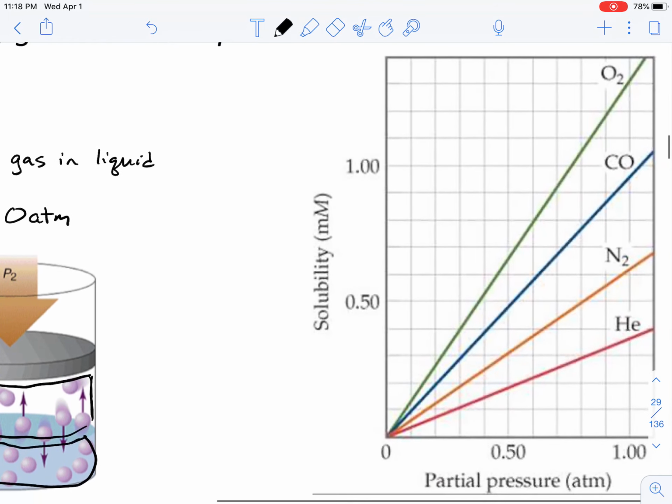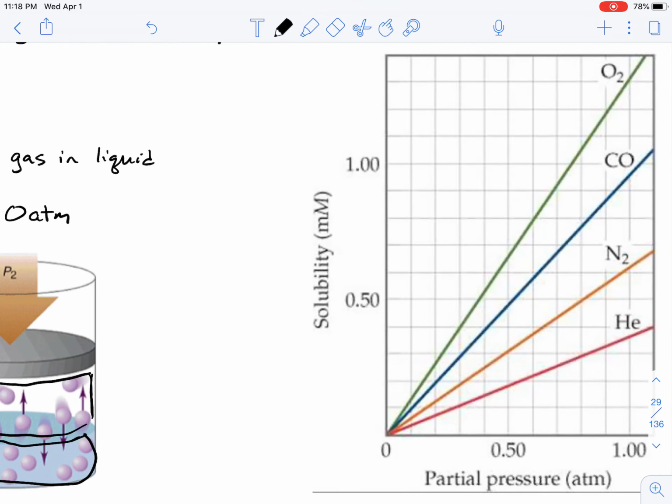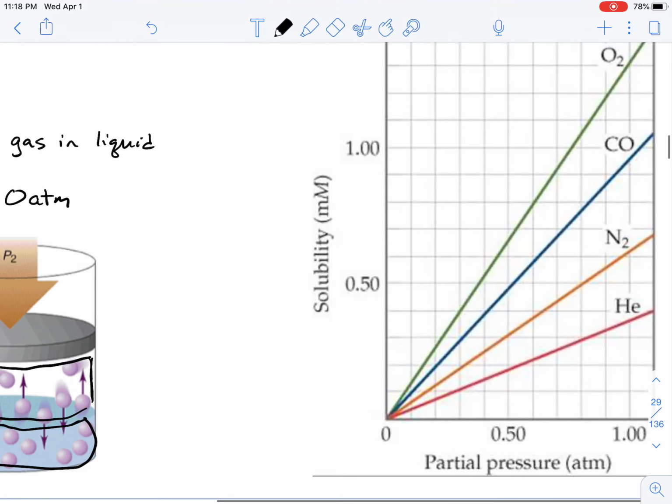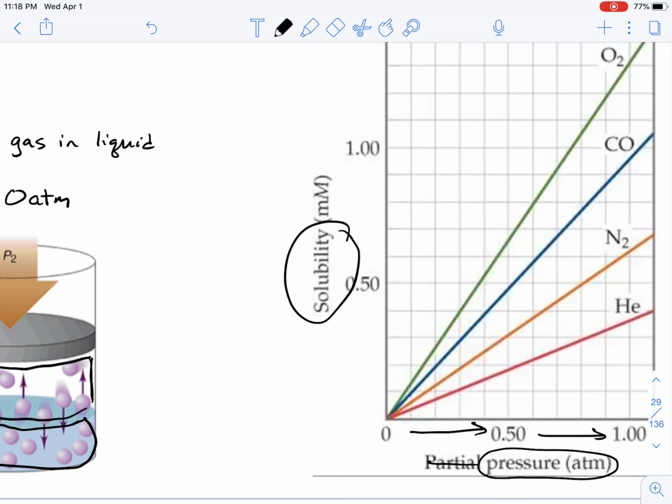And we can go ahead and see that trend by looking at this graph. So if you look on the x-axis, we have partial pressure. So don't worry about the word partial for now. Let's just focus on pressure. And so if we increase the pressure from left to right, how will the solubility be affected?